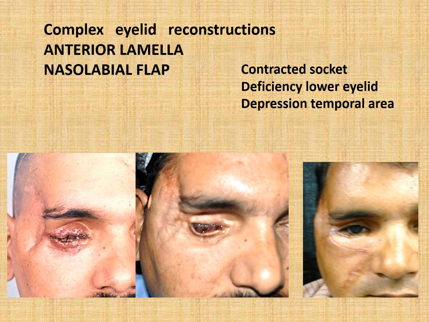Here you can see the anterior lamella as well as nasolabial flap being used. There was depression in the temporal area for which autologous fat graft was placed in.